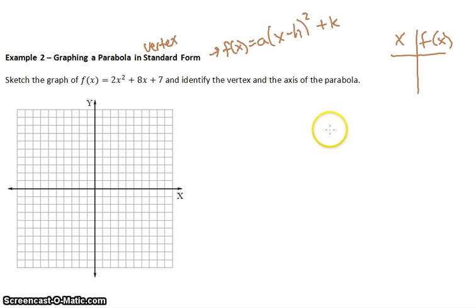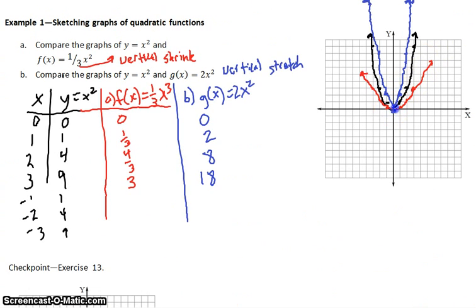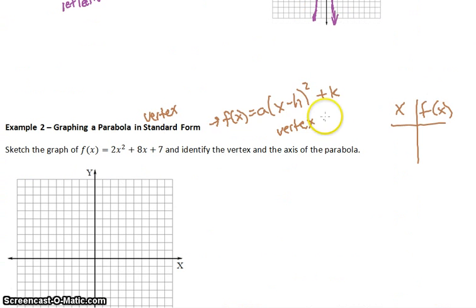Okay? Now, you might say that's a lot of notation. What does it all mean? Well, there's a couple of things that you need to know. That there is a vertex of this graph. The vertex is basically the starting point of the reflection on the graph. And for this, the vertex is going to be at the point h, comma, k.